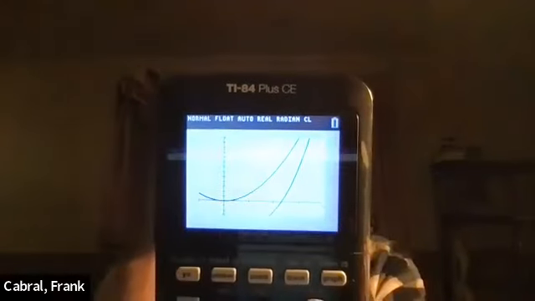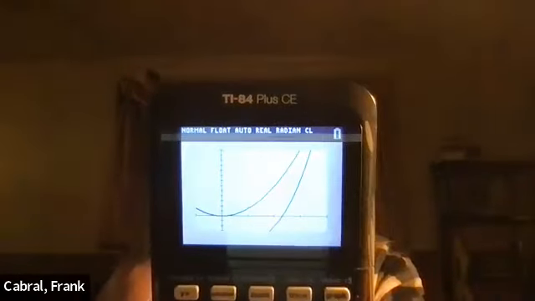And again, I'm just playing with my window, so just give me a second here. All right, so this should work fine. There are the graphs of the functions, the original function and the derivative. Now I'm putting this on the same screen so that I can easily extract these values here.